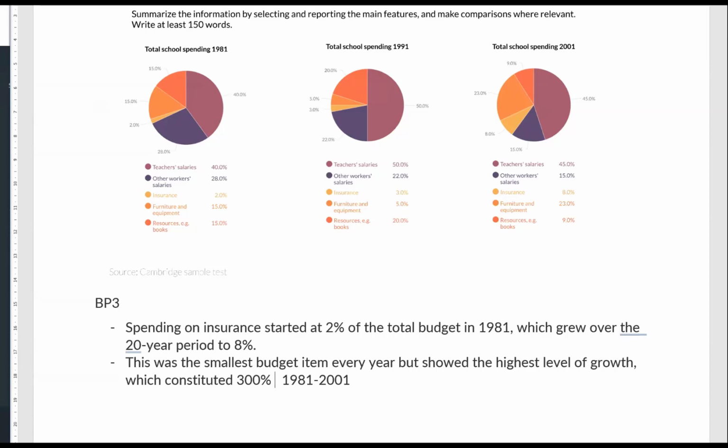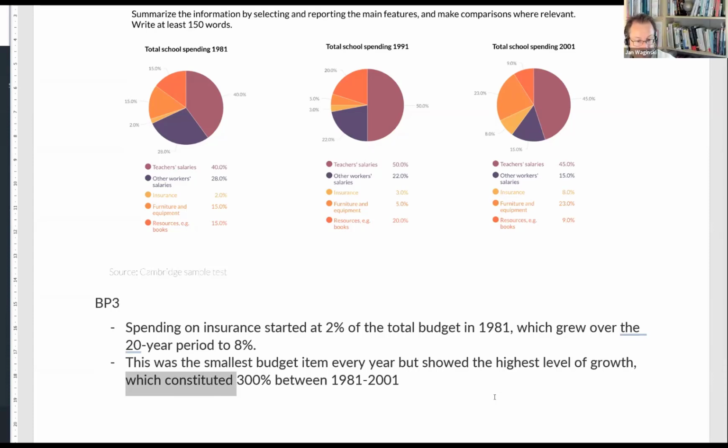One word. Between 1981 and 2001. Yes, and we can also choose constituting 300% between 1981 and 2001.